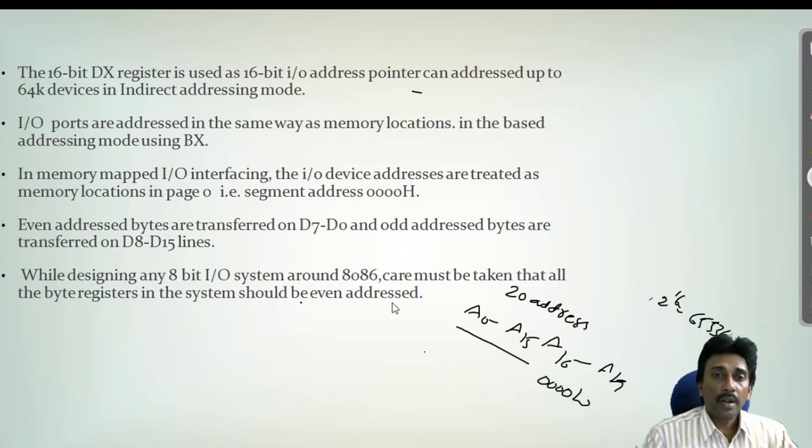If we choose an odd address, then the lower significant byte is used for the first memory location and the next consecutive memory location is used for the higher significant byte. So two memory cycles are used. To reduce the wastage of memory cycles, the better practice is to use even addressed memory to design any 8-bit IO system around the 8086 microprocessor.